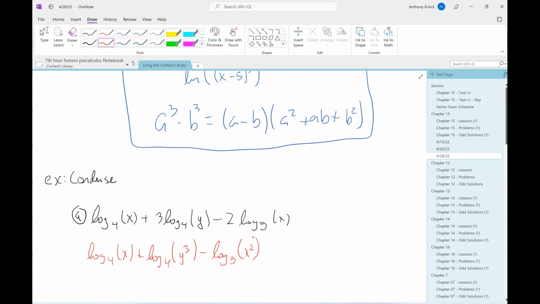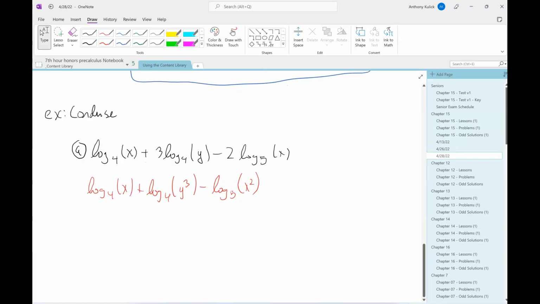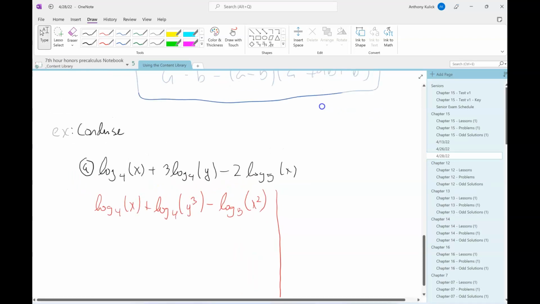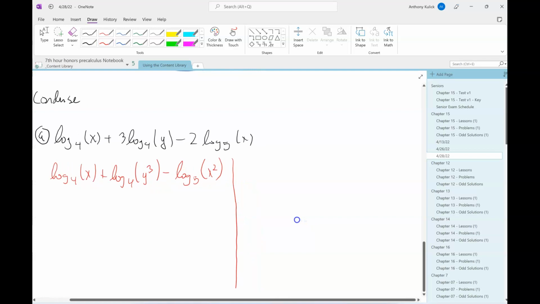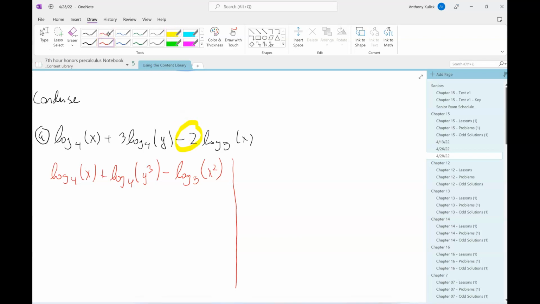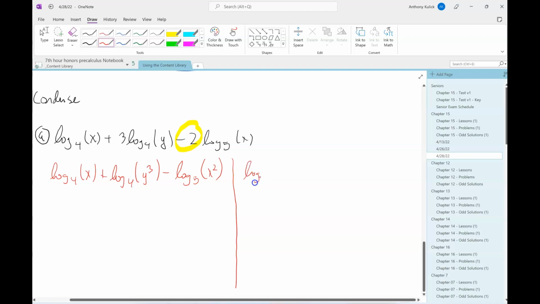Anybody want to try to do this a different way? There's an alternative way you could apply the power property here. You could think of the power there as -2, if you like.